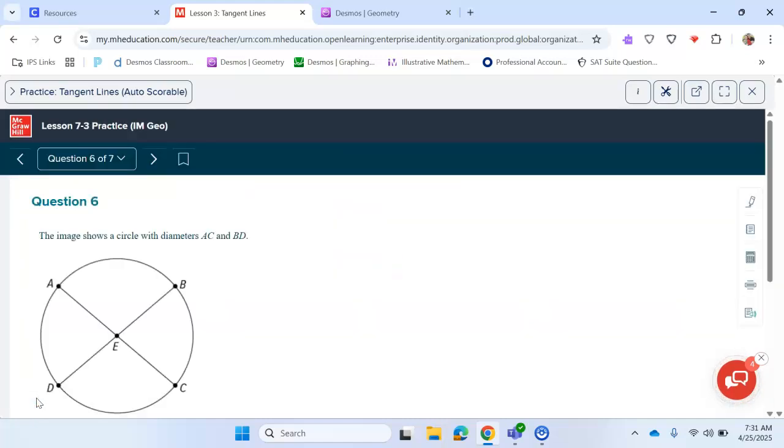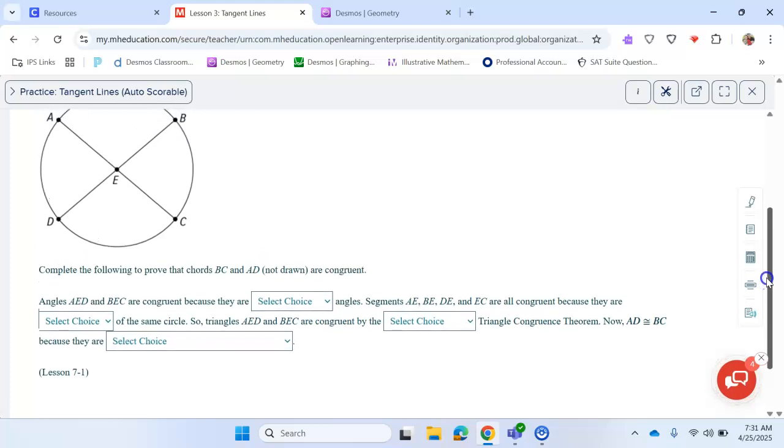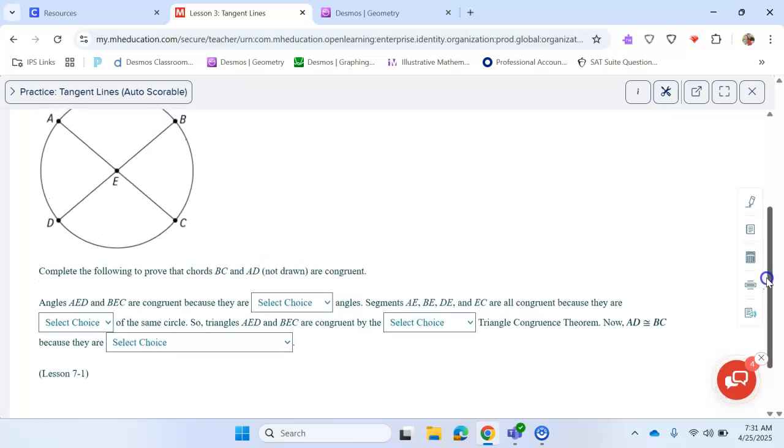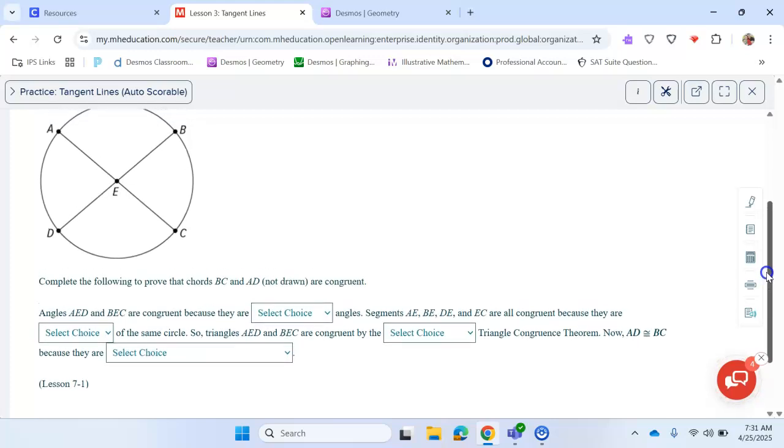Question 6. The image shows a circle with diameters AC and BD. Complete the following to prove that chords BC and AD, not drawn, are congruent. Angles AED, that's a central angle, and BEC, also a central angle, are congruent because they're vertical angles.